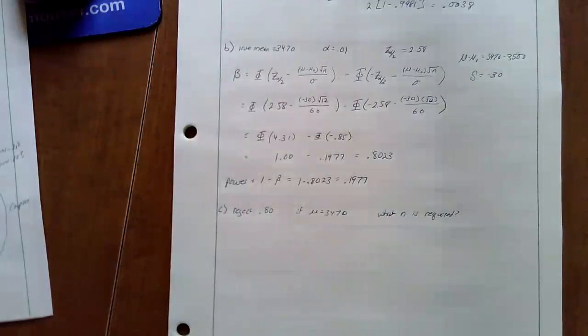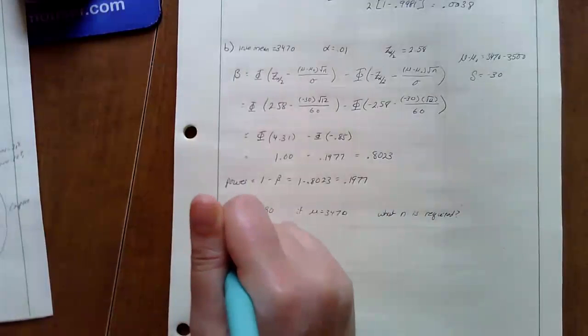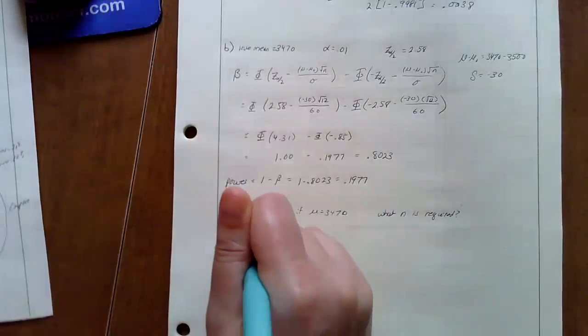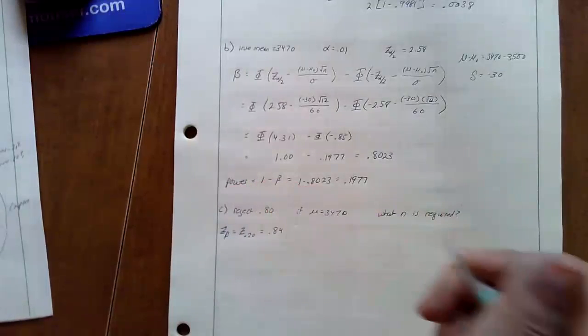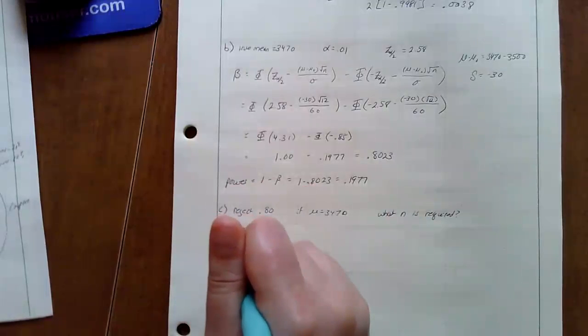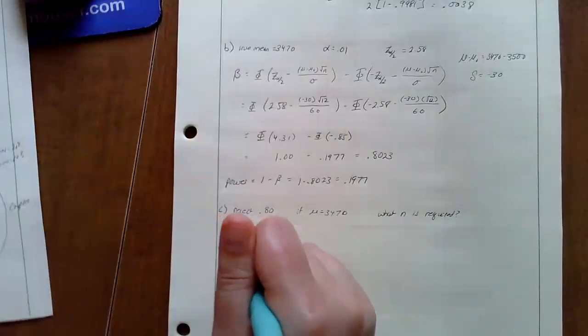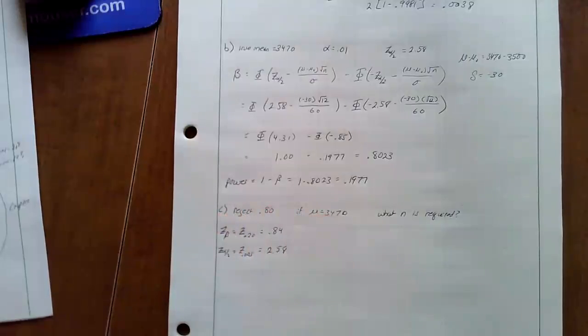That's not really good. So our z of beta is actually equal to z of 0.2. And that, when we look it up on the chart, is 0.84. And our z of alpha over 2 is still that 0.005 or 2.58, which we had before.